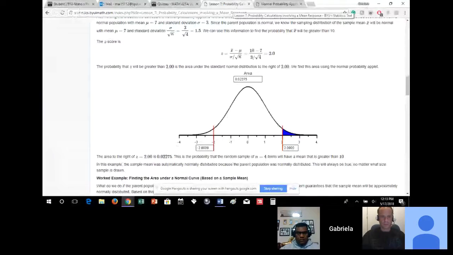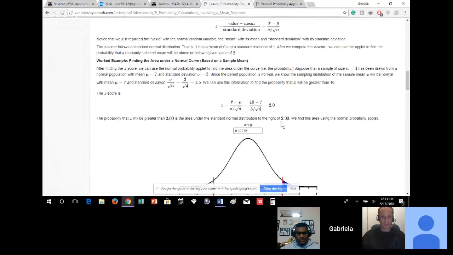Let's see. Here's a z-score formula: z equals x bar minus mu, divided by the standard deviation divided by the square root of n.